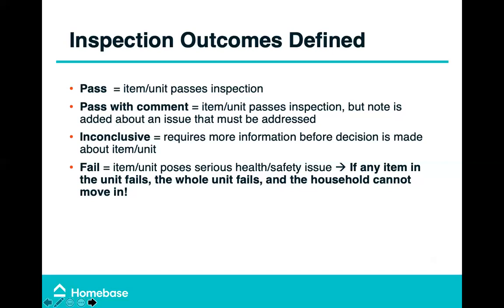But again, if something fails, the whole unit fails, that means that the person cannot move into the unit. And there are no conditional passes, meaning you can't write down on the form, this unit will pass once the landlord fixes the hole in the wall. Fixes have to happen, then the inspector has to re-inspect, and then the unit can pass.